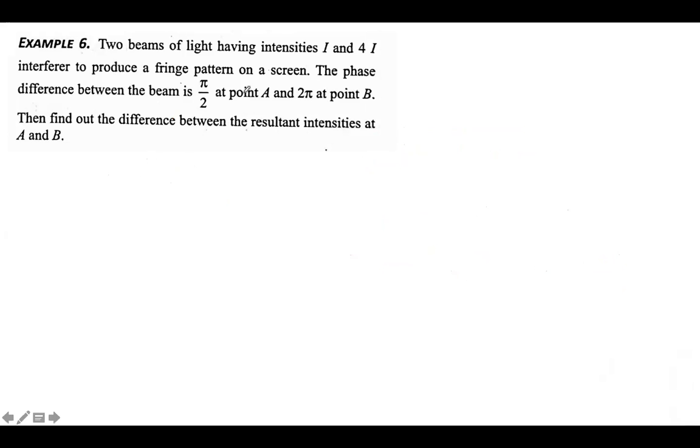Next, two beams of light having intensity I and 4I, है ना, ये I1 हो गया, ये I2 हो गया, interfere to produce a fringe pattern on a screen.